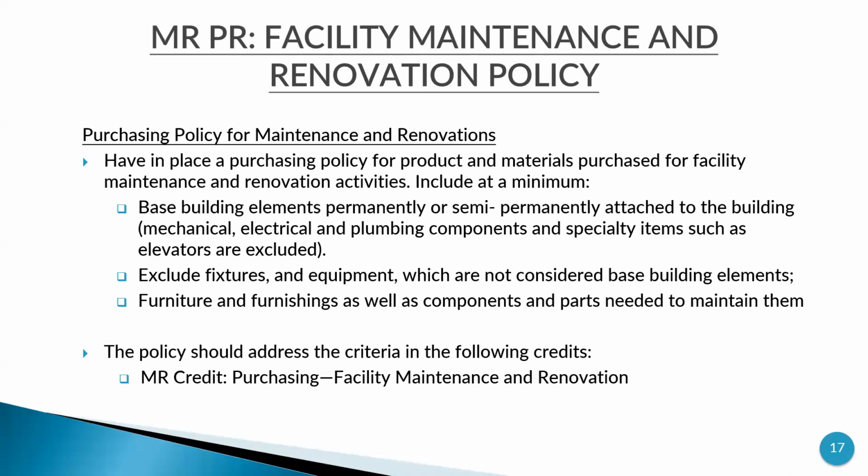Electrical, mechanical, plumbing components or any specialty item that is connected are excluded. Second, exclude fixtures and equipment which are not considered base building elements. Again, furniture and furnishings as well as components and parts needed to maintain them.